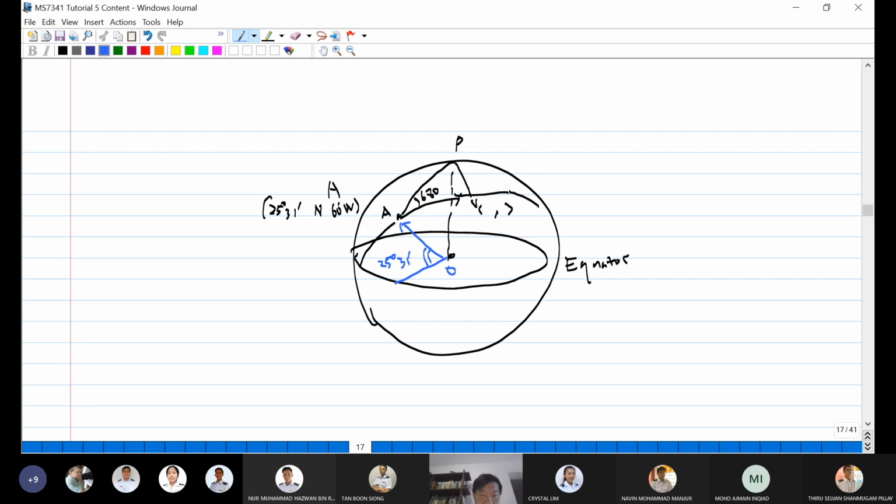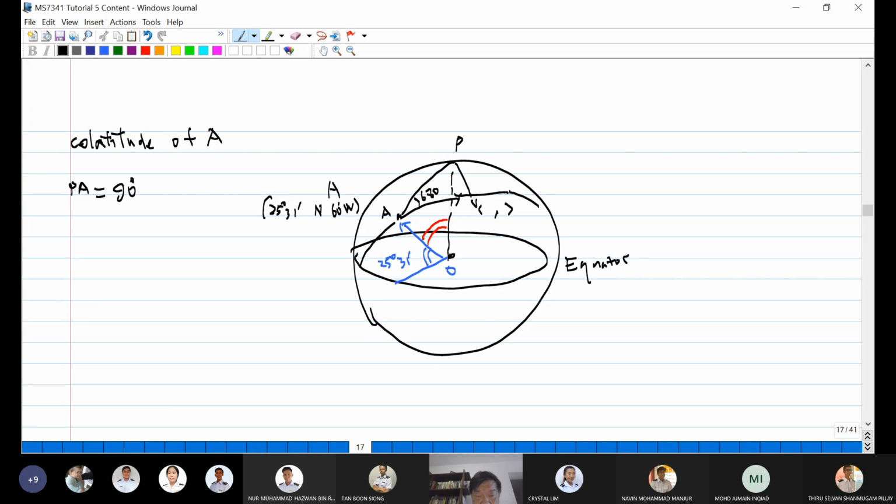Okay, 25 degree. Then what is this angle now from here to here? PA, right? So the angle of PA is now, okay, that's why the length of PA now. So let me write down over here. The length of PA is called the co-latitude of A, which is actually the length of PA, right? It's actually how to do this one. It's 90 degree, because the North Pole is at 90 degree.